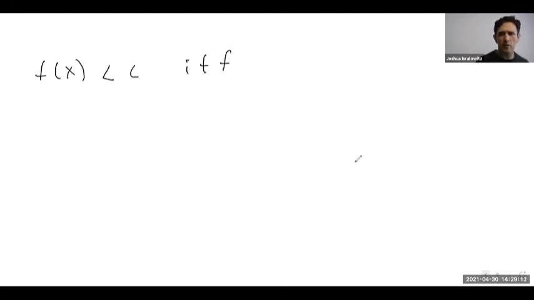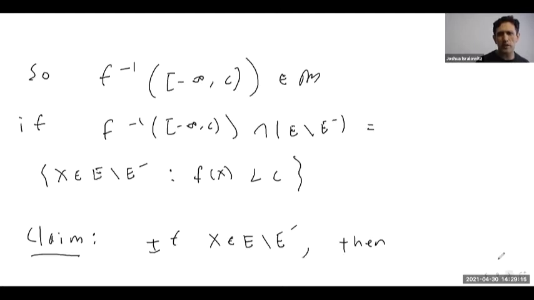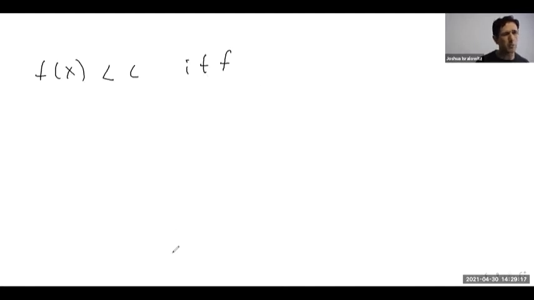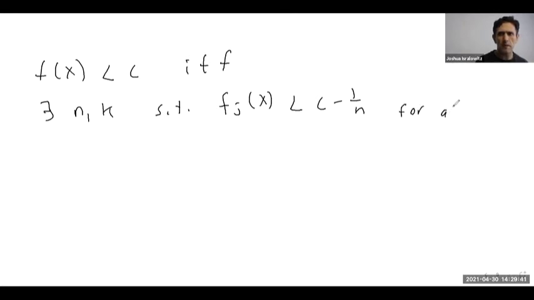And if you did something other than less than c, this would be a little tricky. But you might be able to do bigger than c. But anyway, I claim this is true if and only if there exist two natural numbers n, k where fj of x is less than c minus 1 over n for all j bigger or equal to k.